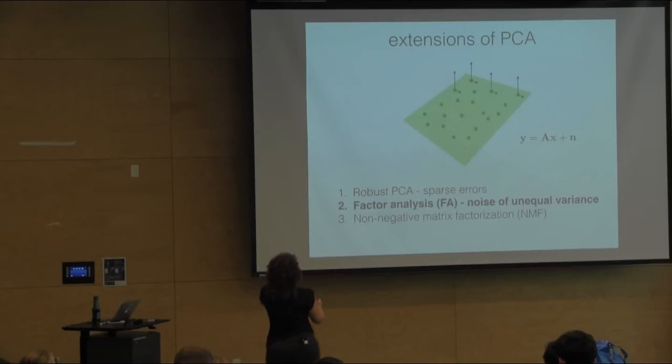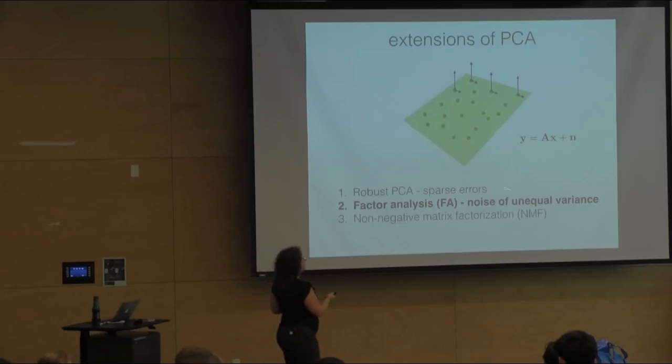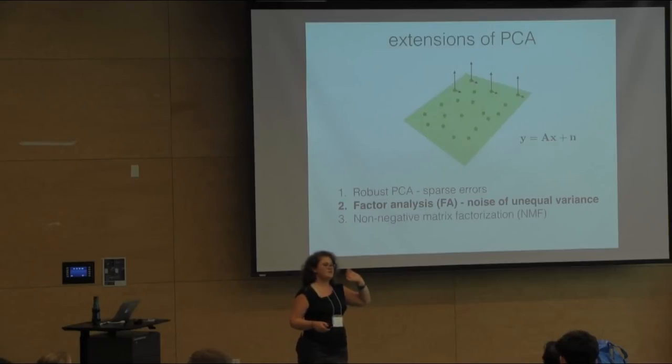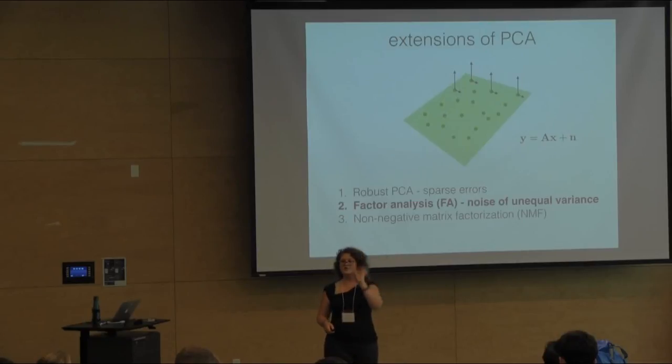The second extension of PCA is called factor analysis. Basically, factor analysis assumes that the noise added to our data points might not have equal variance. Before, we had Gaussian noise, where we assume that the variance of the noise is equal across all of the different coordinates.